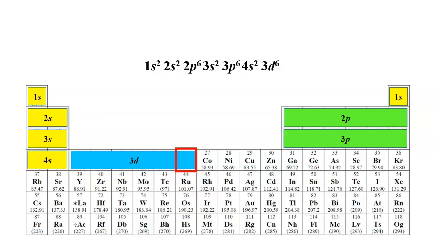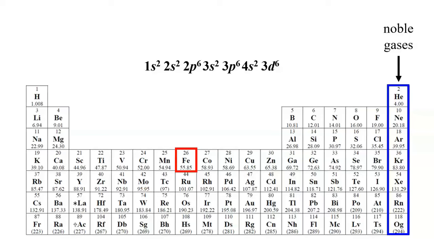Now let's take a look at the noble gas abbreviated version. We know where iron is located. If we go back to the previous row and we go all the way to the end, we can see the element argon. So argon is a noble gas, and the symbol argon is an abbreviation for 1s2, 2s2, 2p6, 3s2, 3p6.